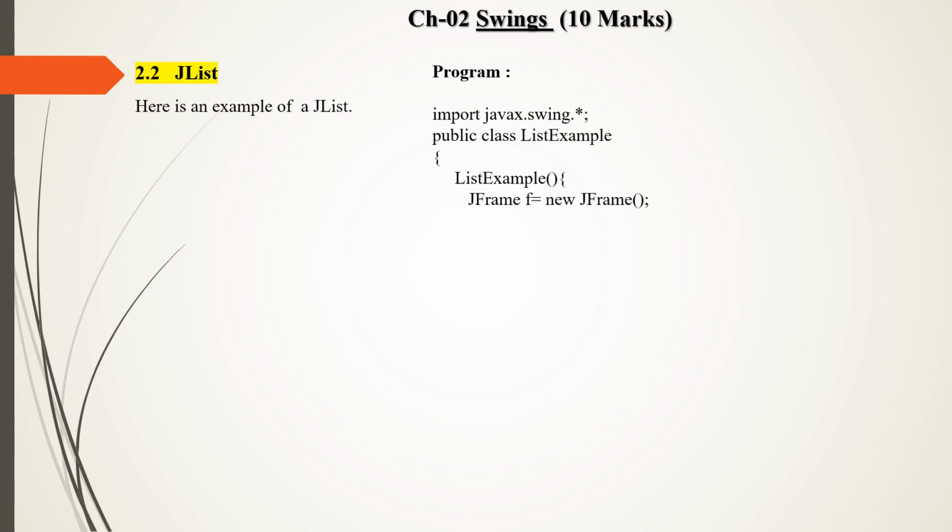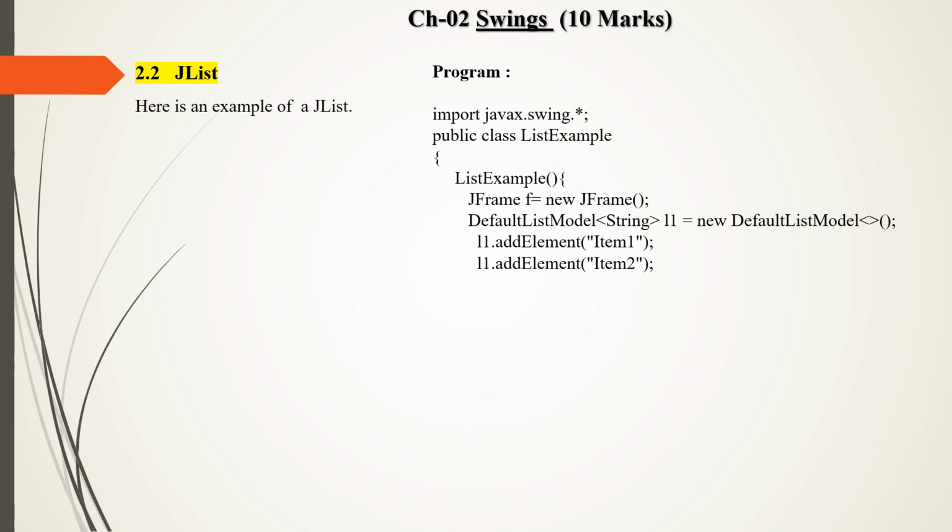Next, we create one frame, a JFrame. Next, we define DefaultListModel<String> l1 = new DefaultListModel. l1.addElement item 1, l1.addElement item 2, l1.addElement item 3, l1.addElement item 4.